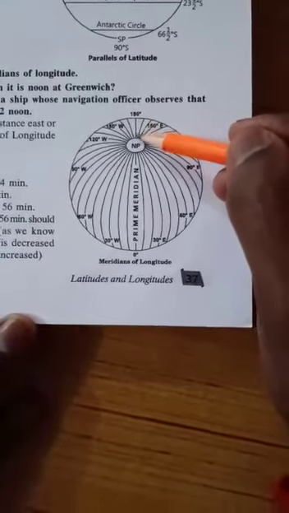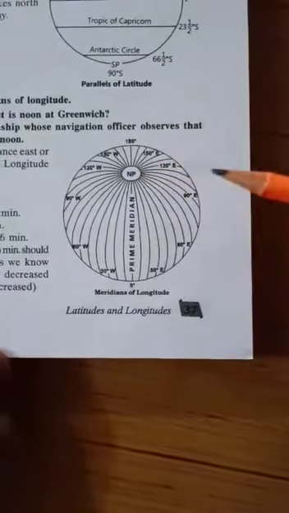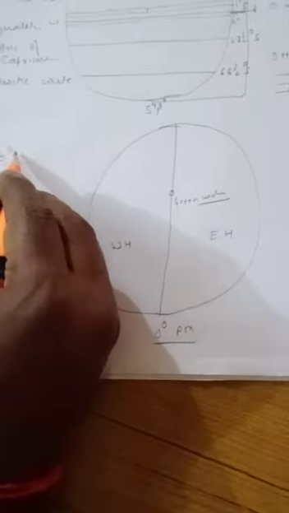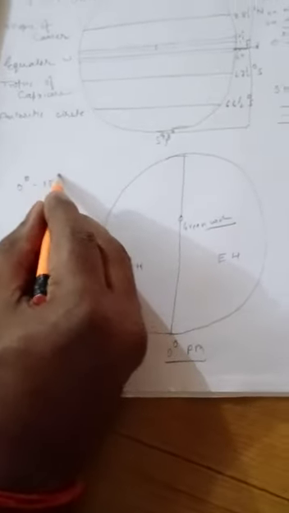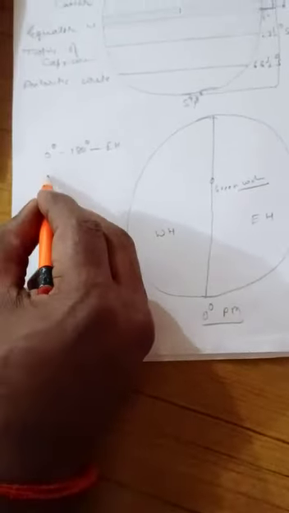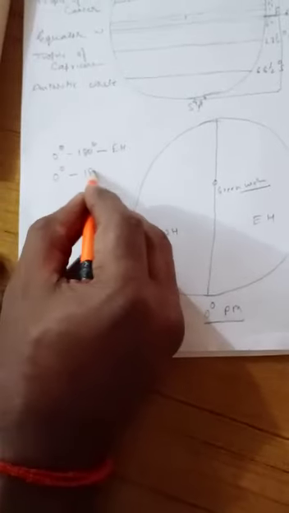Okay, just 180 degrees is there, on the back side. So from 0 degree to 180 degree, one side it is there. On the other side, in the eastern hemisphere, and on the western hemisphere also, 0 degree till 180 degree.